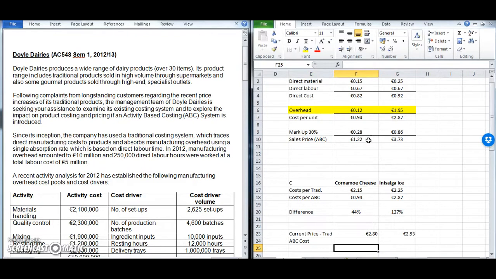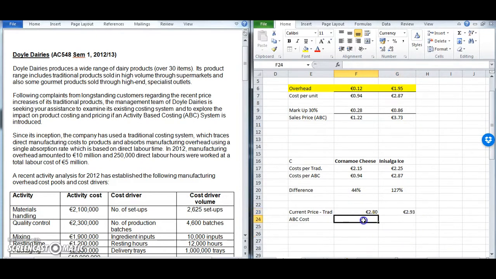So typically what the approach I'm thinking here is, the traditional system is used to set the current price, so this is more than likely going to be the current price in the market. This is the realistic cost per unit of 94 and of 287, and then you can see profit per unit.